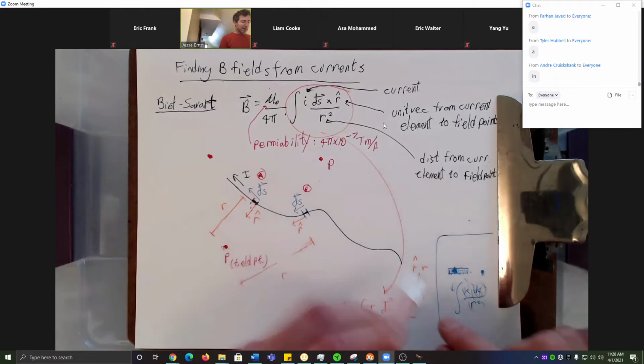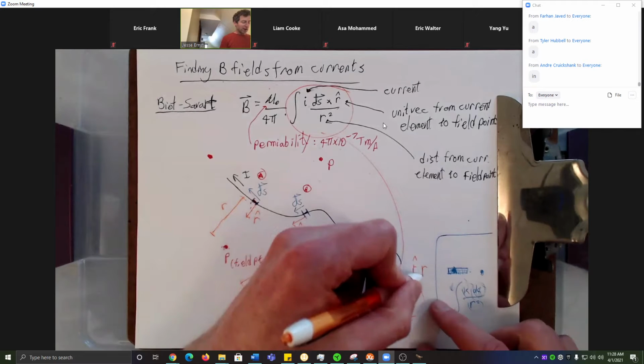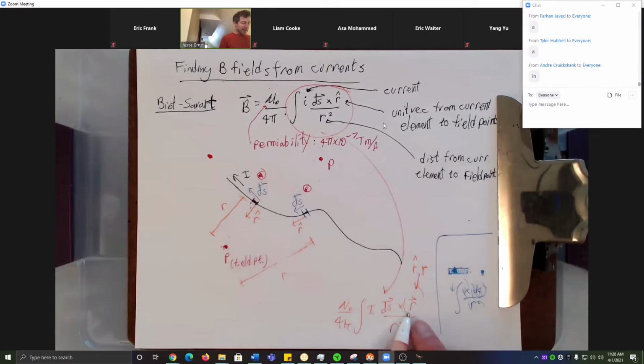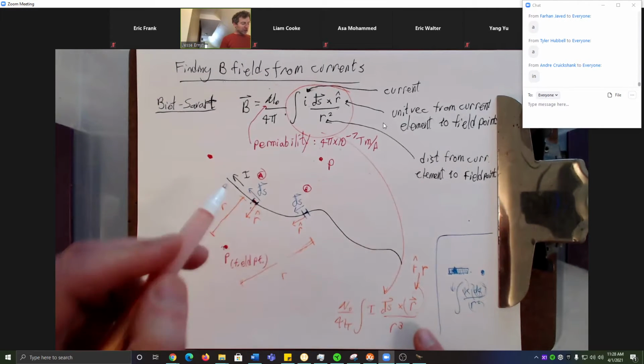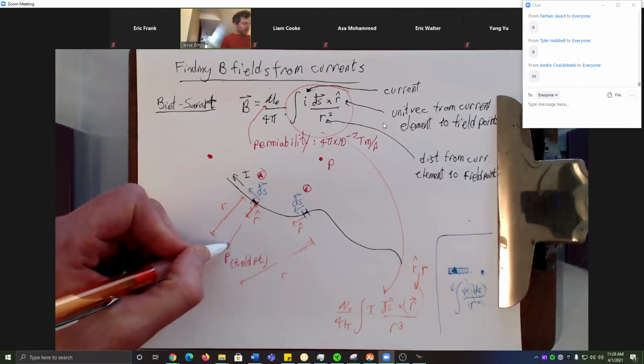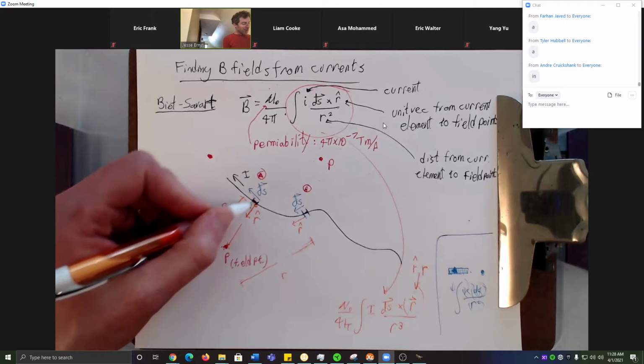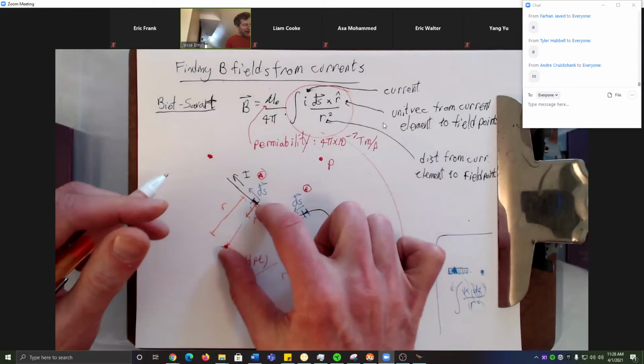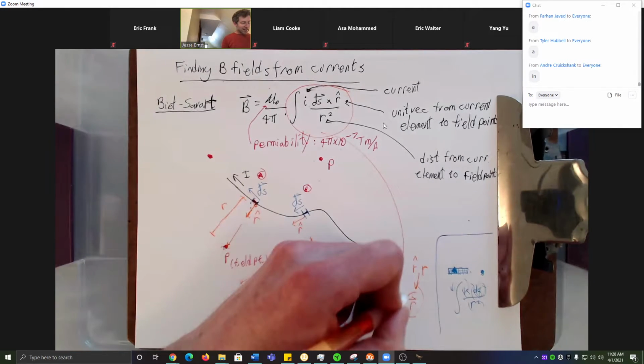Don't just say, oh yeah, I guess, some craziness with r and r hat. Pause and think why that's true. The vector r is a vector from here to here, and that is a vector of length r in the r hat direction. So this and this are the same.